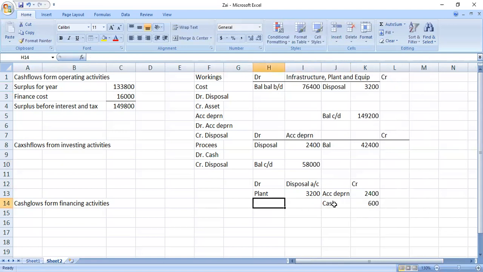I'm supposed to debit the cash account, but since I don't have a cash account here, I know it's a cash transaction. So where does it belong? We go to the statement of cash flows, to investing activities, and we say proceeds from the disposal of an asset, and you put here 600.